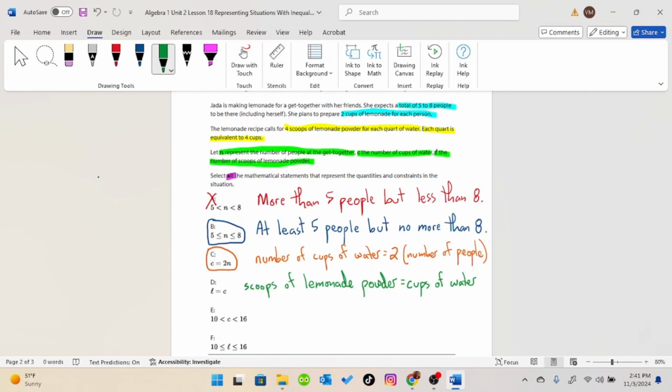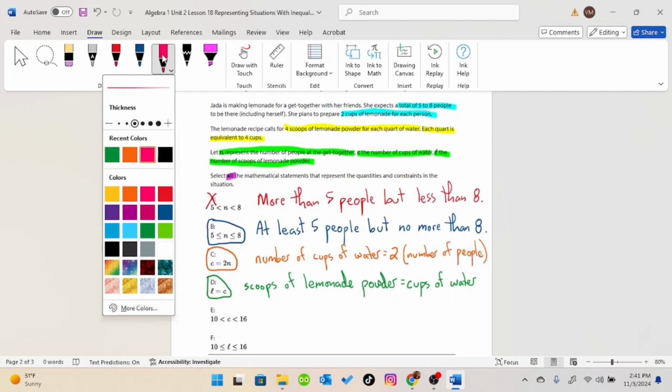And if you look up in yellow, 4 scoops of lemonade for each quart, and each quart is 4 cups. That means 4 scoops of lemonade powder equals 4 cups of water, so the scoops of lemonade powder does equal the cups of water, so D is another equation that correctly represents this situation.